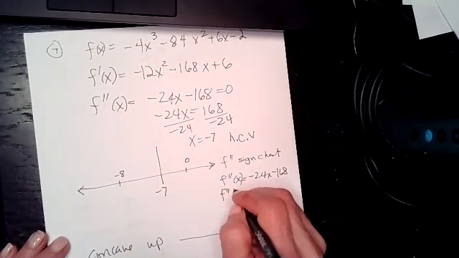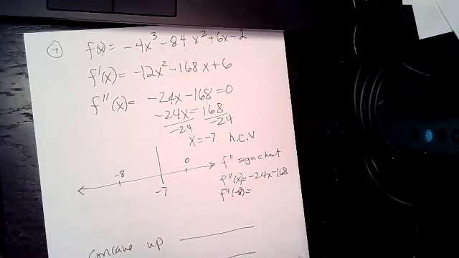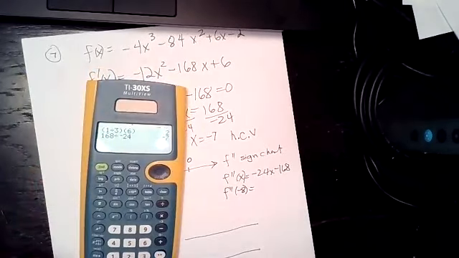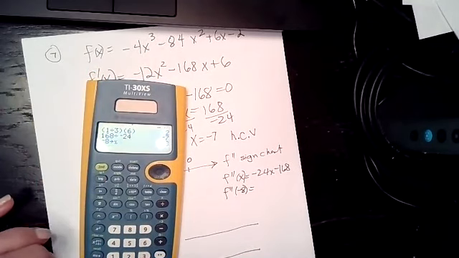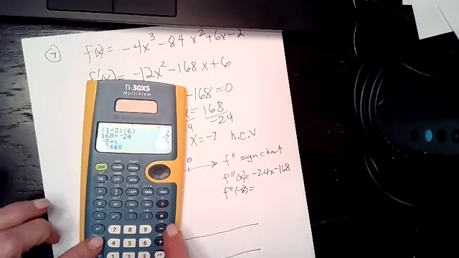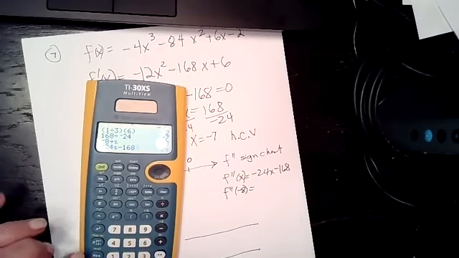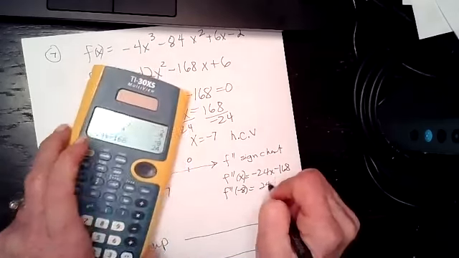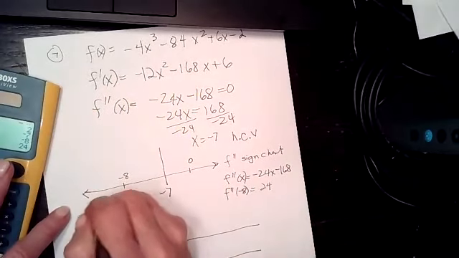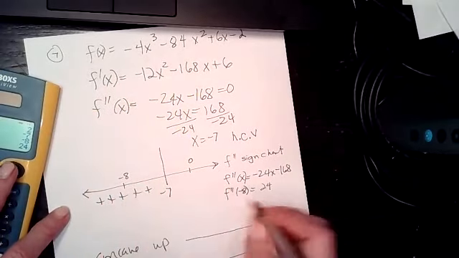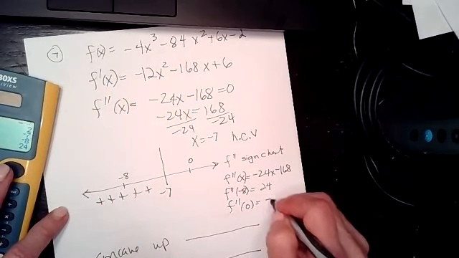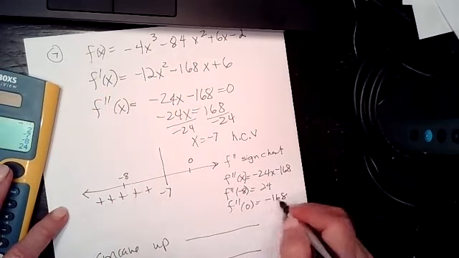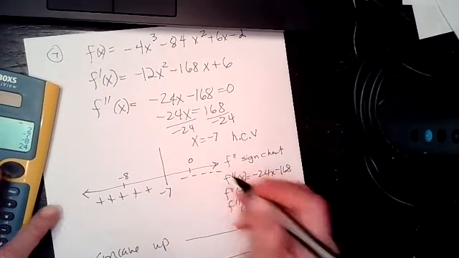So f double prime of negative 8. Let's do my negative 8, store for x, enter, and put in my second derivative. Get positive 24, and all I care about is that it's positive, right? And f double prime of 0 is going to be negative 168, and all we care about is that it's negative.